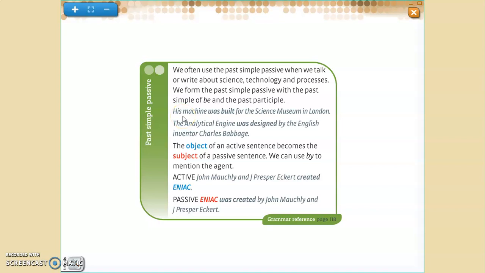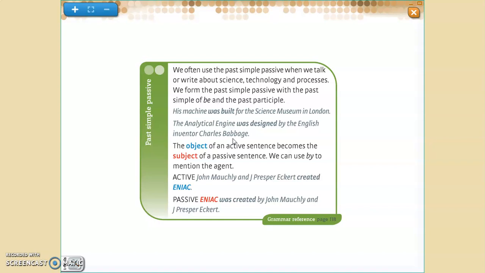We only know that, number one, the event took place in the past and the purpose was the Science Museum in London. The next sentence says the analytical engine was designed by the English inventor Charles Babbage. Yeah, I think it's Babbage.